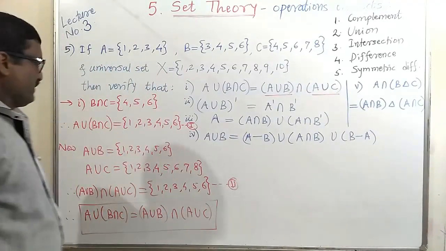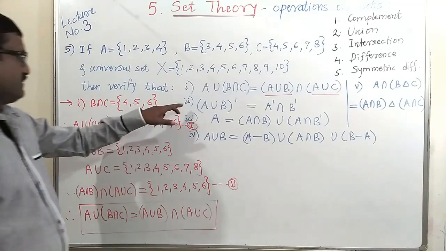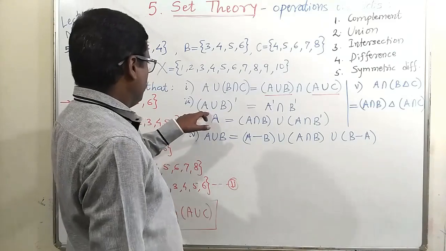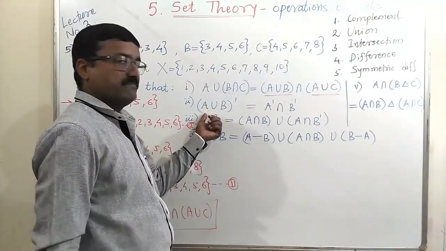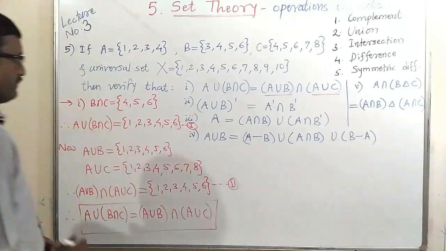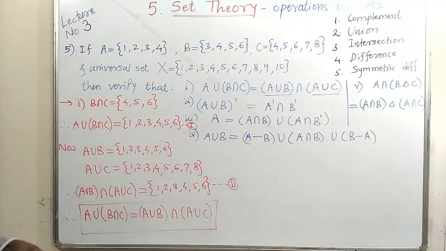Okay. Now let us see the second verification. Here the complement of union of two sets is equal to the intersection of their complements. This is nothing but De Morgan's law. Let us try to prove this De Morgan's law.